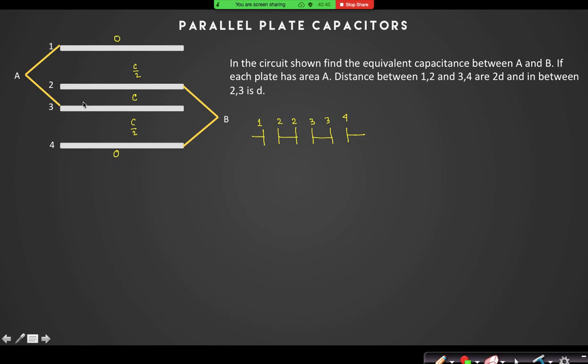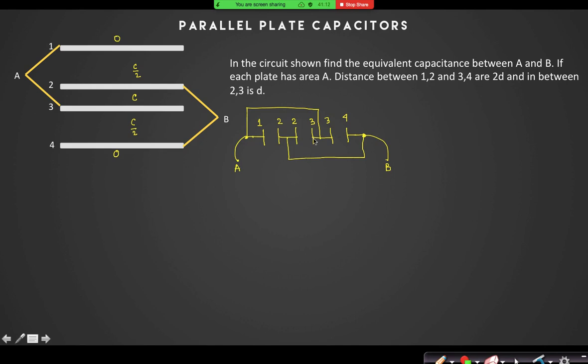Now make the connection. 1 and 3 are connected, so how we can join them? 1 and 3, they are connected. Again 2 and 4 are connected. And I have to find the equivalent capacitance between this point and this point, A and B. Have I drawn the circuit clearly?